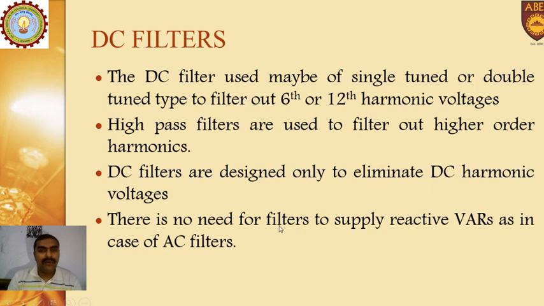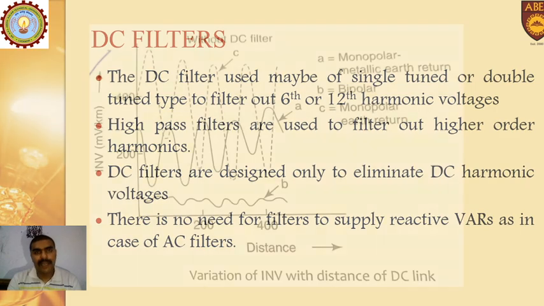There is no need for the filter to supply reactive power as in the case of AC filters. AC filters have a double purpose: they filter the harmonics and also provide reactive power support, but no such work is done by DC filters. They are only for filtration.